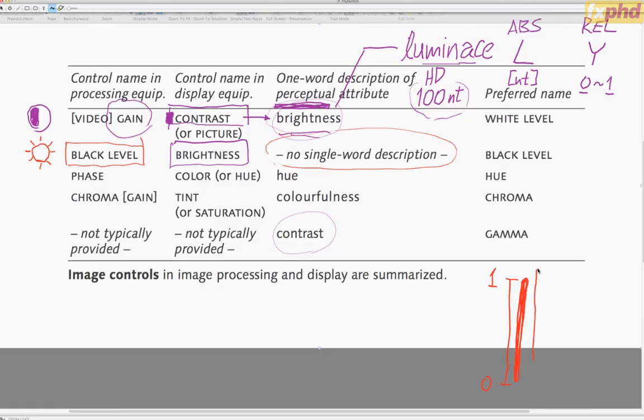If you lift the blacks, which is what will happen if you crank the brightness control, the fact that you're bringing the black level of the image information up and displaying it at a higher luminance means that you've lost contrast ratio. So this situation might have a contrast ratio of 150 to 1. This situation might just have 50 to 1. So the brightness control, or what I would prefer to call black level, is really, to some extent, degrading the contrast ratio of the image.